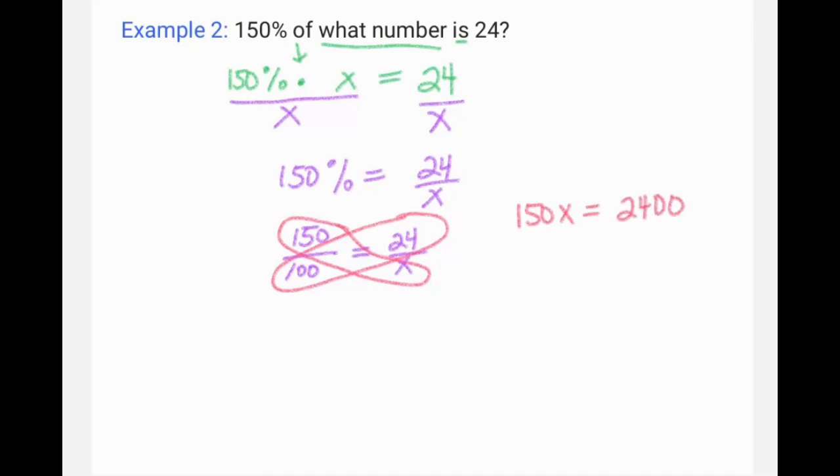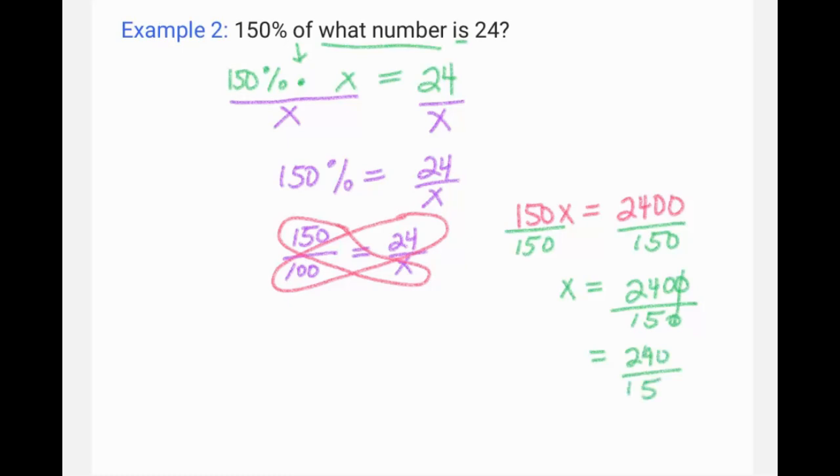We want to have x by itself, so we're going to divide by 150 on both sides. X is equal to 2,400 over 150. And 10 goes into it evenly, so now we have 240 over 15.